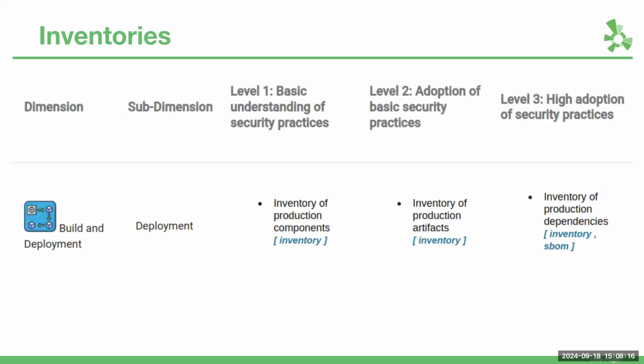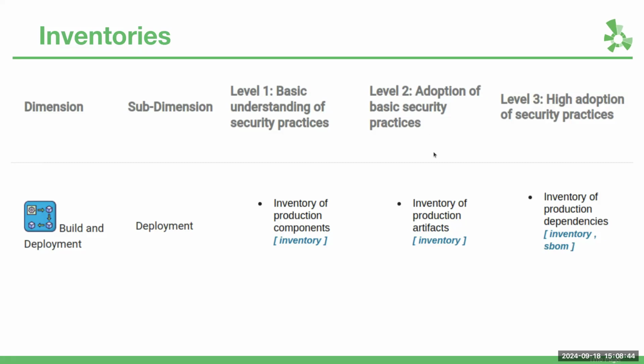As I said, you need to know the applications in your organization. As big as the organization gets, the harder it will be to know all applications in that organization, from my experience. Therefore, you need an inventory of production components, which you can see here is on level 1. And in case you want to do it better, you can take a look at level 2.